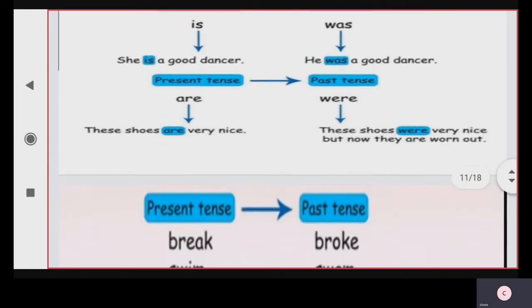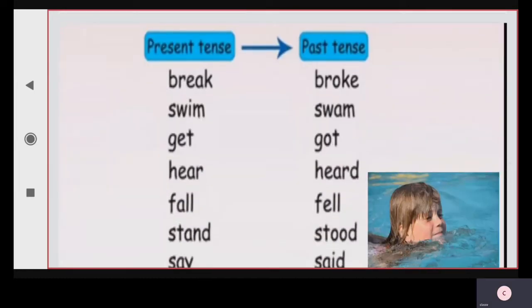Let's see some more examples. Present tense and past tense. Break, broke. Likewise, swim, swam. Get, got. Hear, heard.